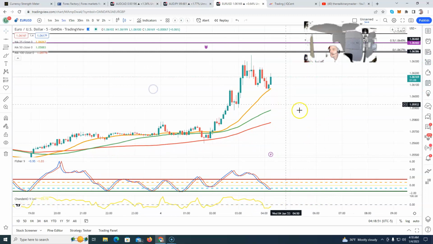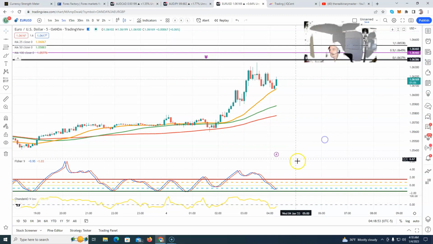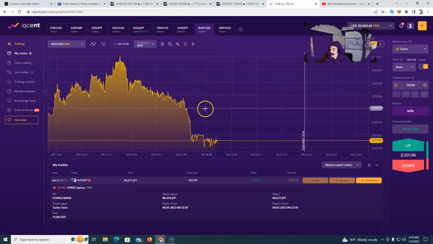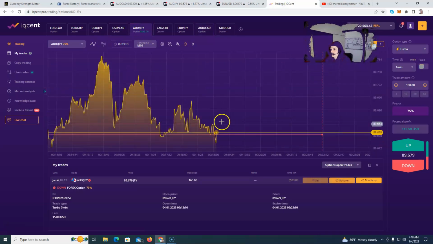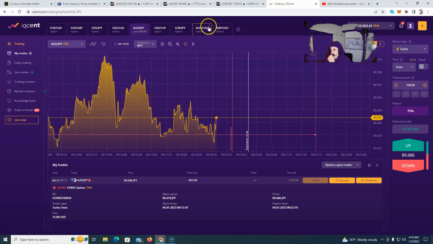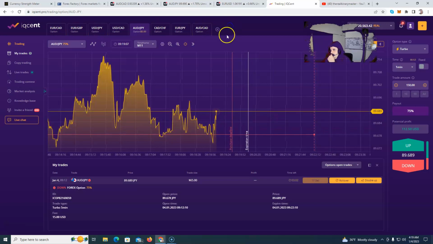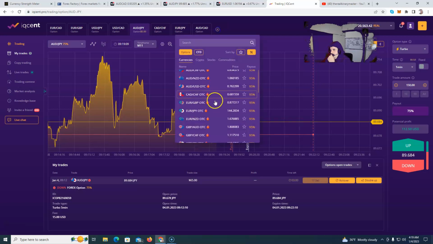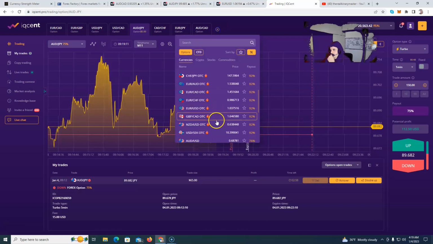I do see price pushing up though. Would be a bad idea to take a Euro USD buy? Would not be the worst. Buy.